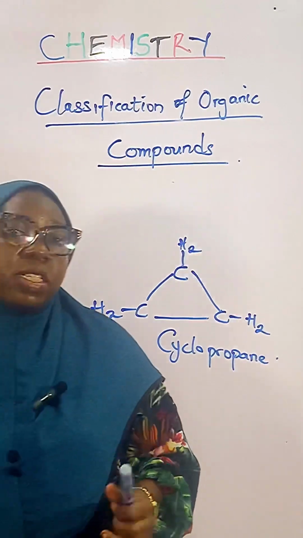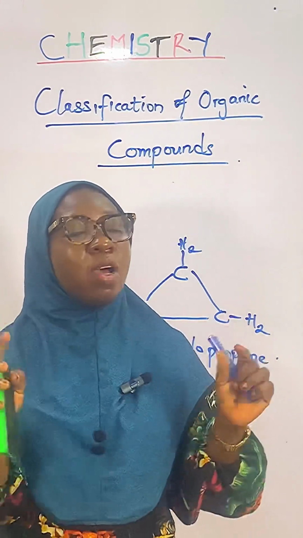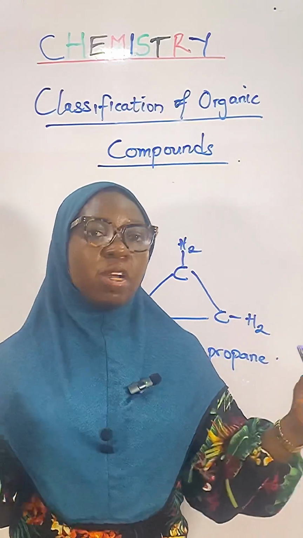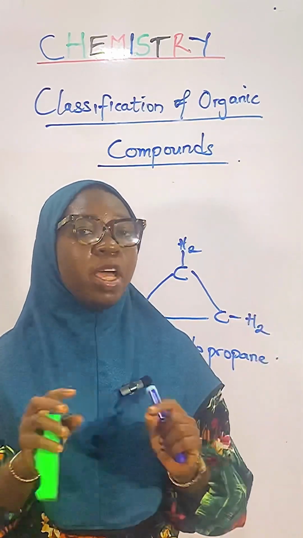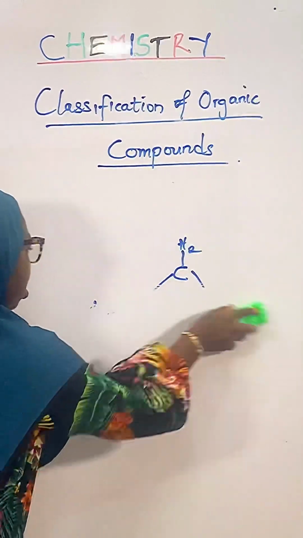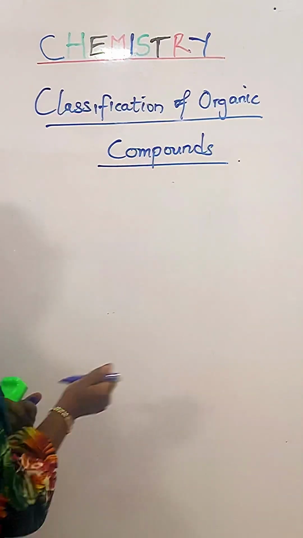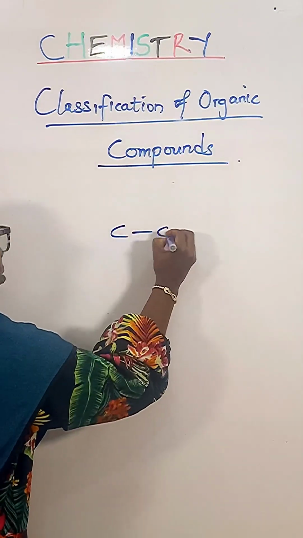Acyclic compound is a type of compound in which the carbons are linked together to form either a straight chain or what we call a branch chain. Example of that is butane. Butane is a 4-carbon atom compound.